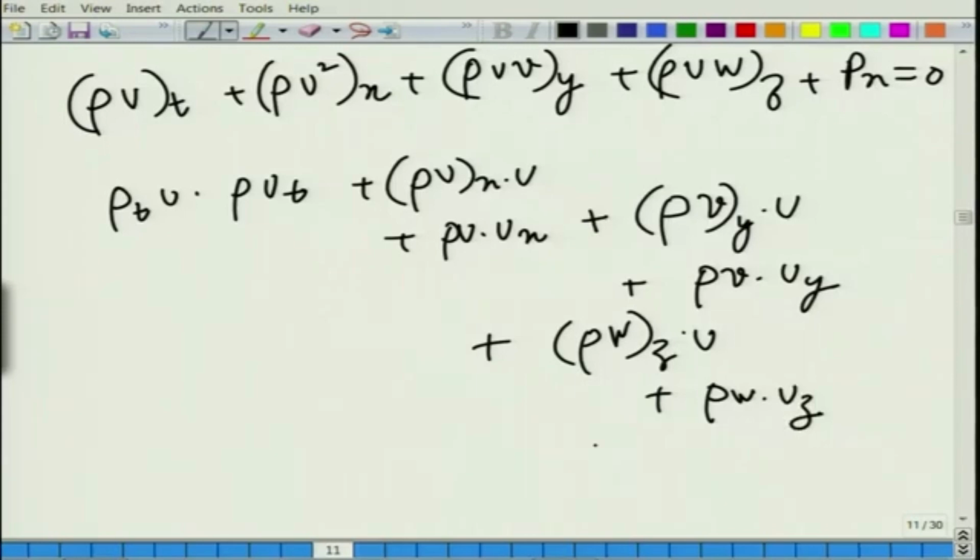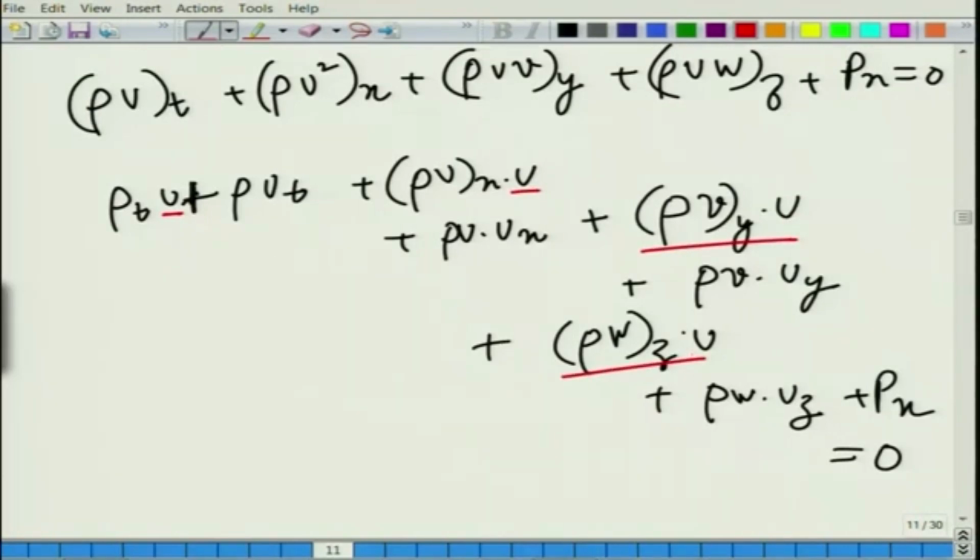So, you get this plus of course your P x is equal to 0. Now, we have to clearly identify terms. If we take u common here, u is common in this term as well, and as well as here.